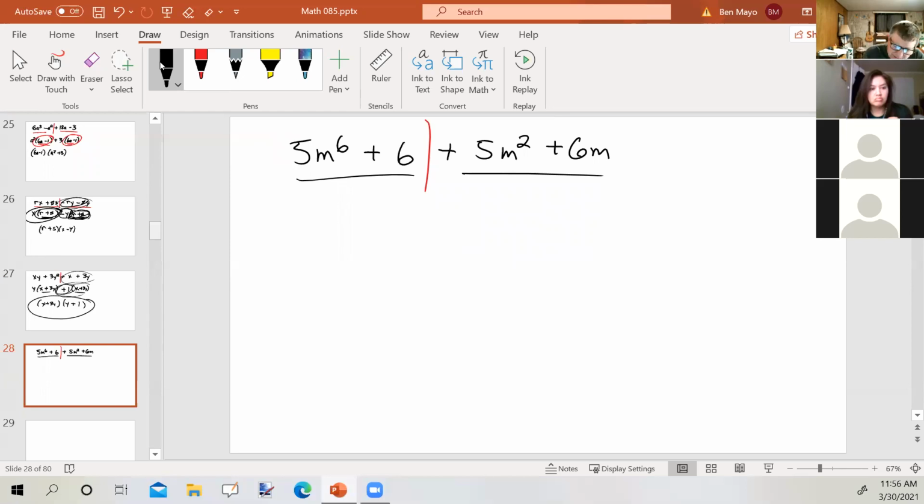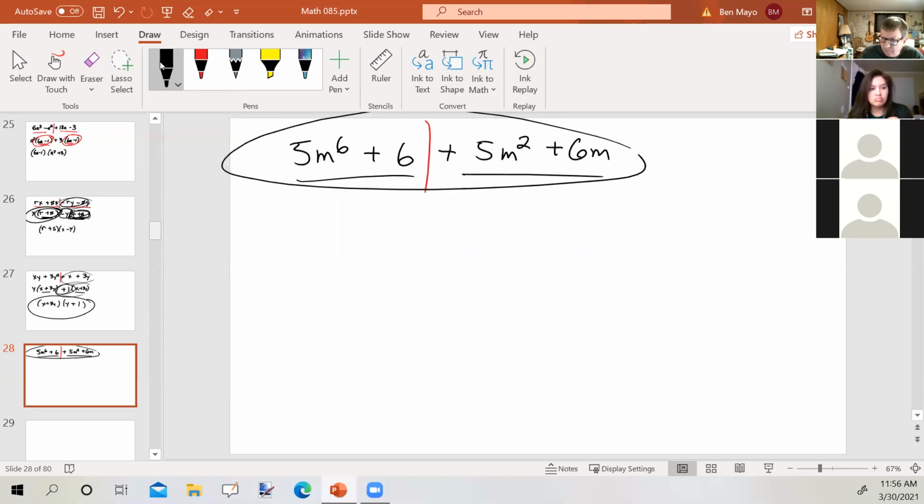Let's do this. Let's take this polynomial and write it in what's called standard form, or descending powers of the variable. So I'm going to get 5m to the 6th plus 5m squared plus 6m plus 6.